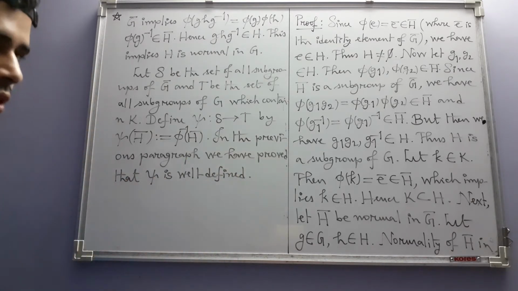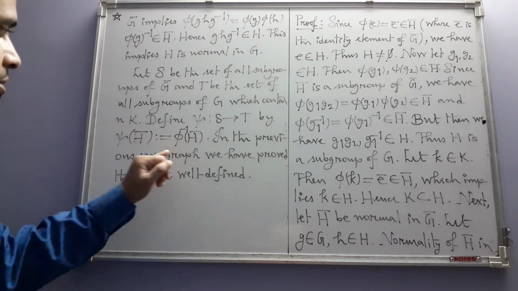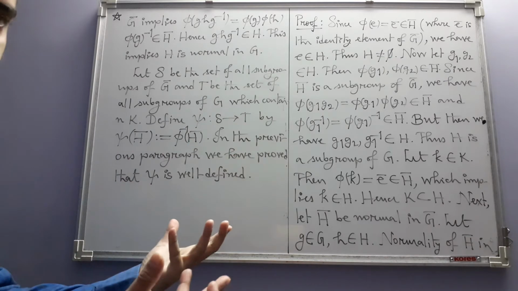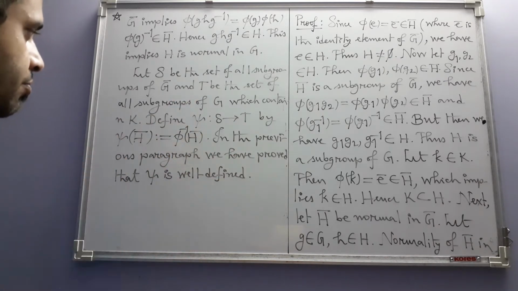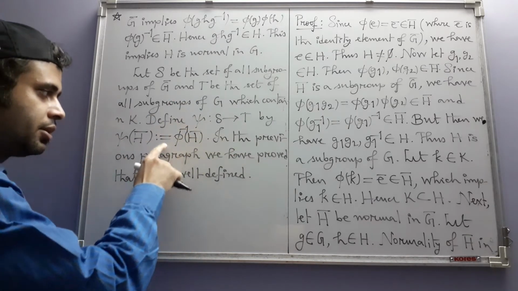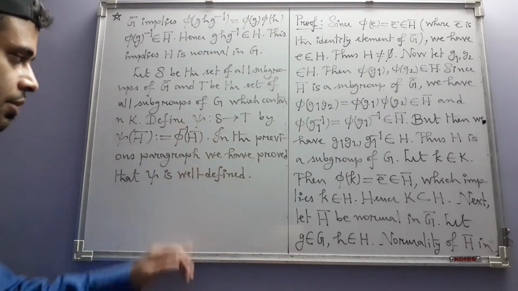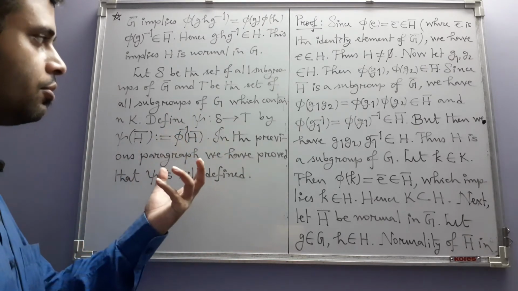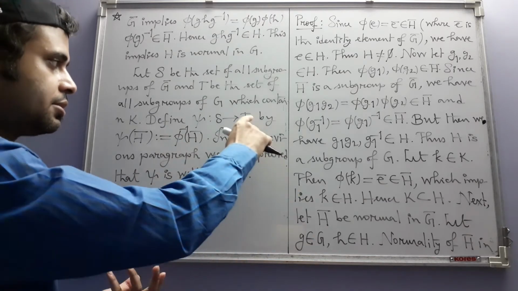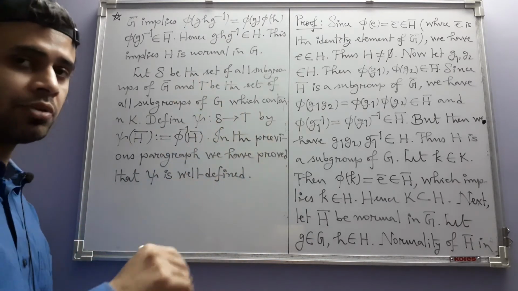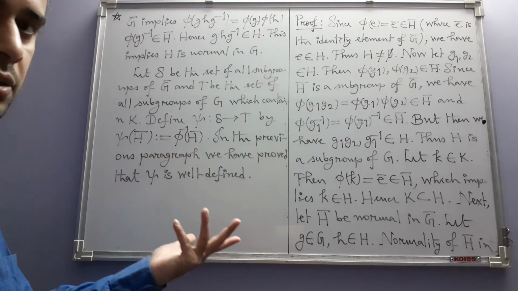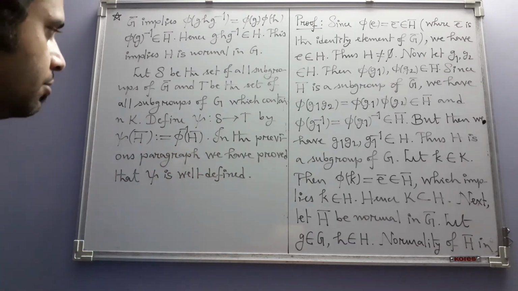See, there are two things. The first is that when we choose H bar from S, that means we are choosing a subgroup of G bar. For that, we have already shown that the inverse image of H bar under phi, which is nothing but H, is a subgroup of G. That means it's in T, provided it also contains K. But that is the case. We have shown that that is also true.